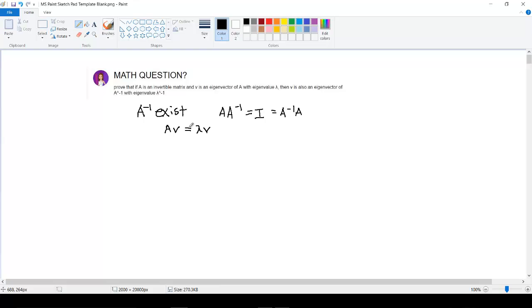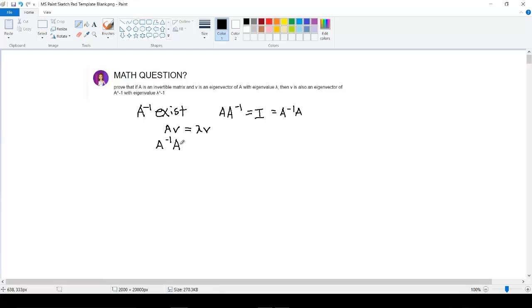So starting from this, which you could kind of call the definition of an eigenvector and eigenvalue, it's not exactly a definition, but this is what it means when you have eigenvectors and eigenvalues. Using this, I'm just going to multiply each side of the equation by A inverse.